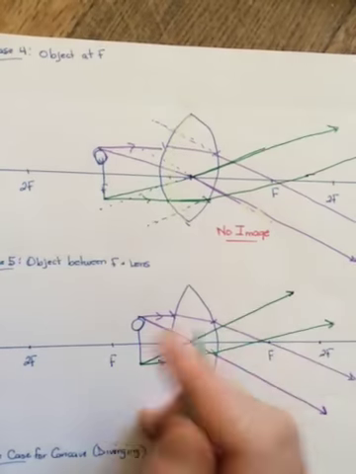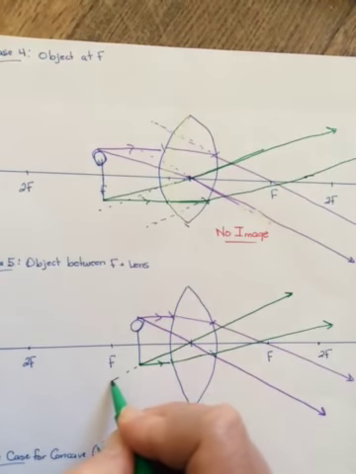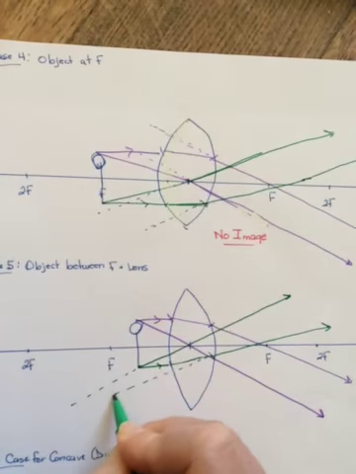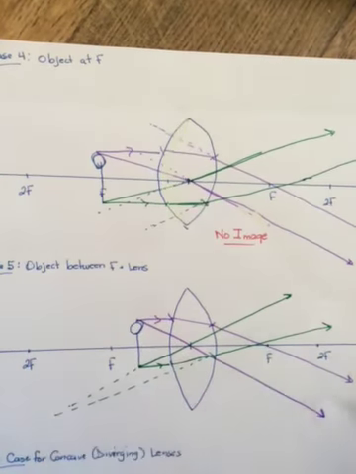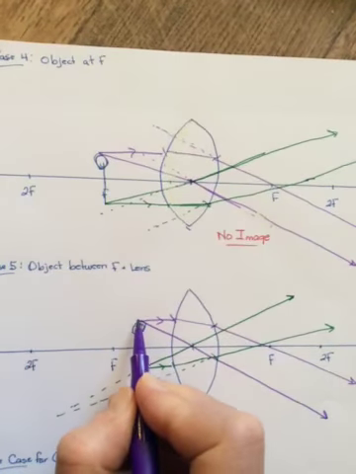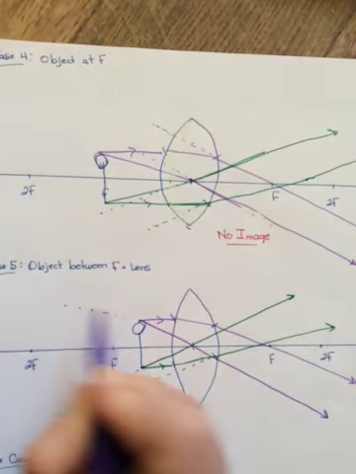Where these are diverging, which means if you follow them back, you will find out that they cross somewhere back here. Where the purple cross, that is where the head is going to be. Where the green cross, that is where the feet.